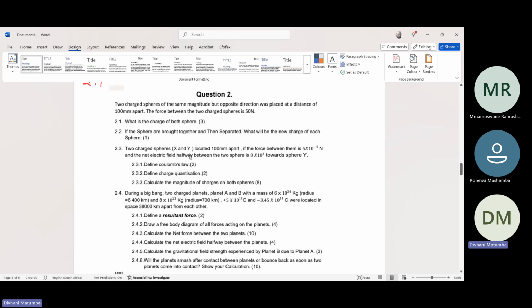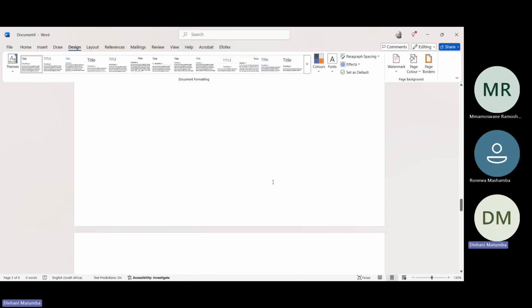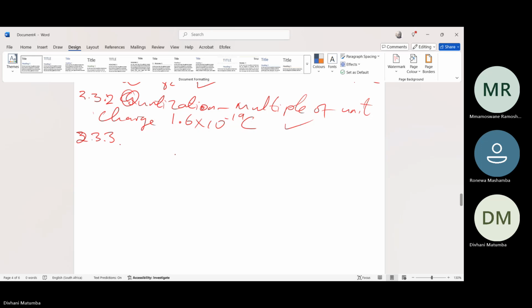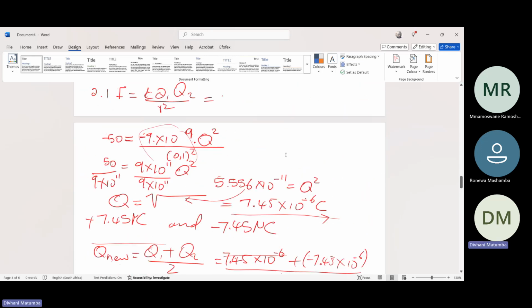Two charged spheres, X and Y, are located 100 meters apart. I'm going to draw them. X, Y. Okay.